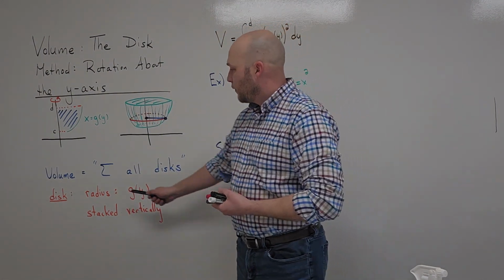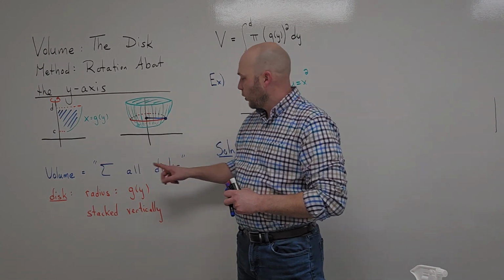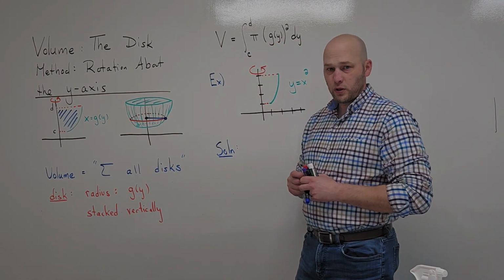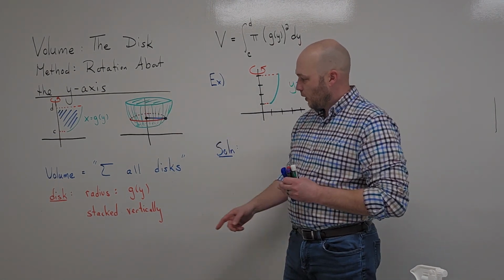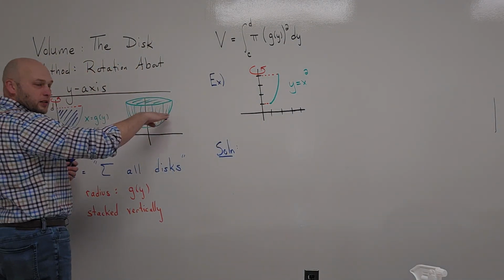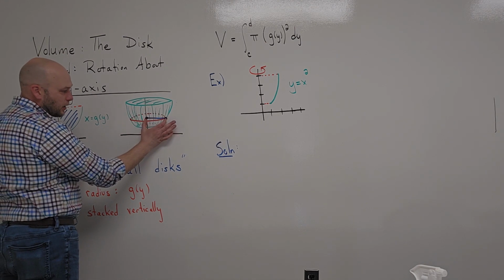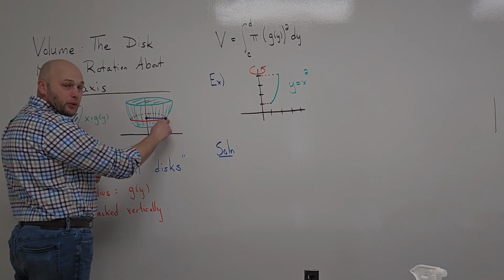Well, remember that the volume is conceptually, and that's why I have it in quotes, the sum of all the disks. So what do we know about an arbitrary disk in this case? Well, we could think of a disk as one of these cross-sectional slices where the radius is given by the distance from the axis of rotation to the boundary here.